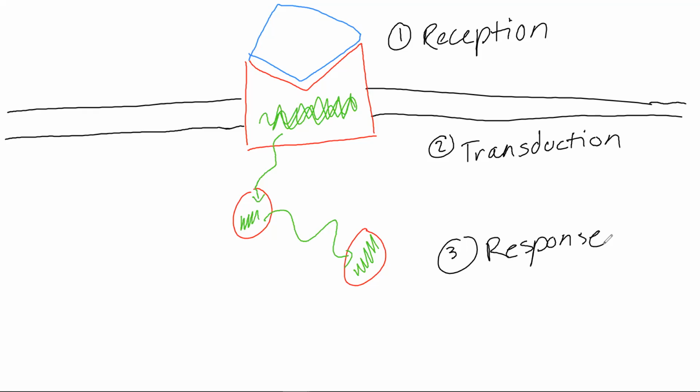And the response is specific to certain things. So let's say, for example, I'm going to draw this in dark blue. That's my nucleus. For example, if that's my nucleus, right? And the physical form of this message is trying to tell the nucleus to start reading DNA so that it can make more of a specific protein, right?